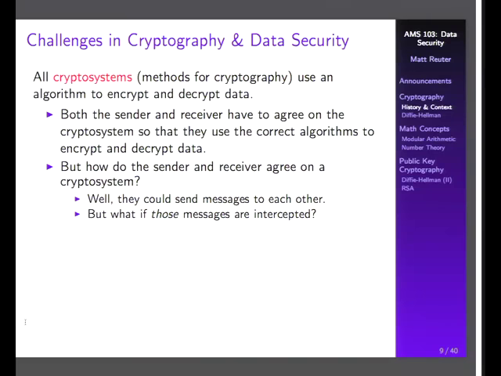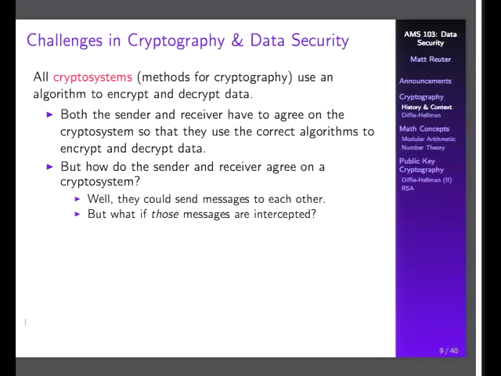Okay? So now we get to the question then, how do the sender and receiver agree on a cryptosystem? How do they agree on a cipher? Any thoughts? Okay, so they have to communicate and develop one together. So that's sort of what we got here on the first bullet.